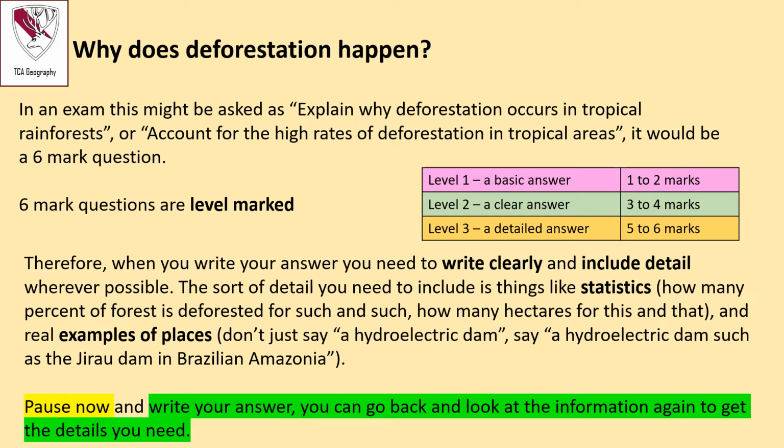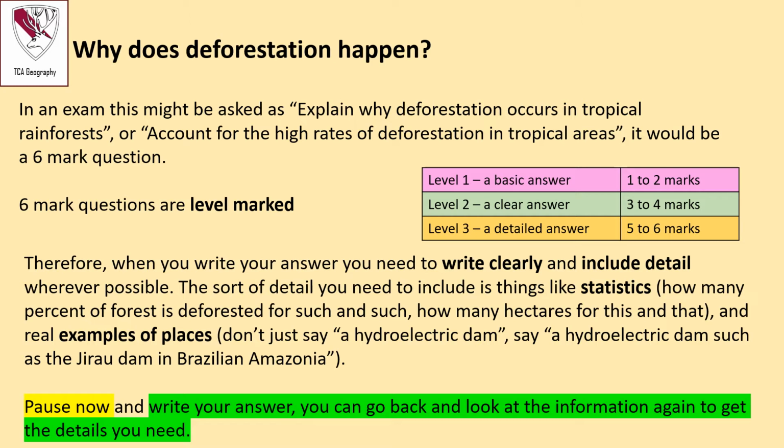Might be asked in a slightly different way. They might say, explain why deforestation occurs in tropical rainforests, or account for the high rates of deforestation in tropical areas. We saw a question with account for the other day in another lesson, and I said it means you've got to give reasons for. And it would be a 6-mark question.